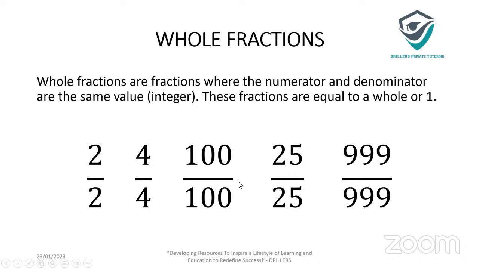If we divide 100 by 100, we also get 1. 25 over 25, 999 over 999, all of those will give us a whole. So these fractions are equal to a whole, or 1. Once you work it out, you will get 1. These are called whole fractions. So unit fractions and whole fractions are just basically for common knowledge.